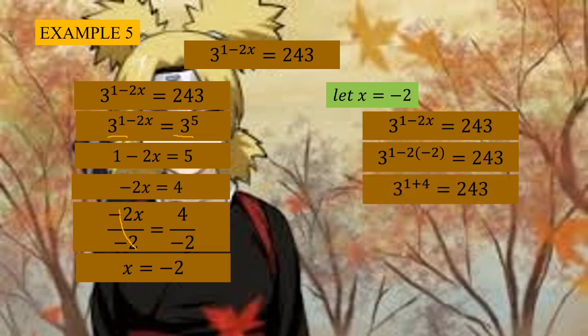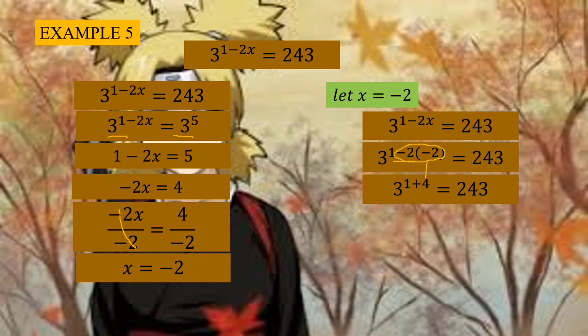So, 3 raised to the power of 1. So, class, baka magkamali kayo banda rito. Baka 1 minus 2 yung una yung gagawin. Mali po yun. Using the PEMDAS rule, unahin po natin yung multiplication or yung parenthesis. So, negative 2 times negative 2, that is equal to positive 4.